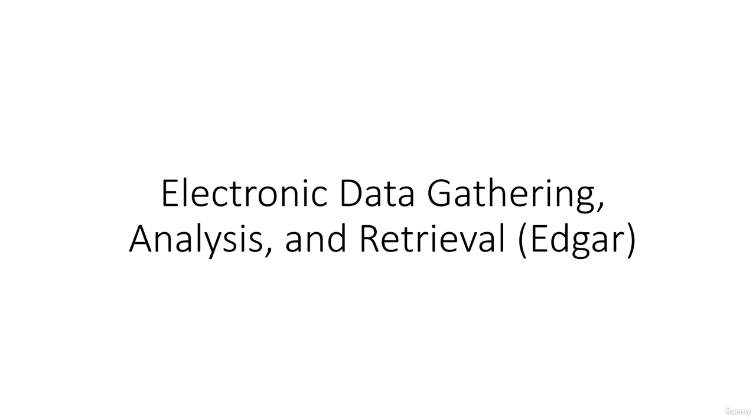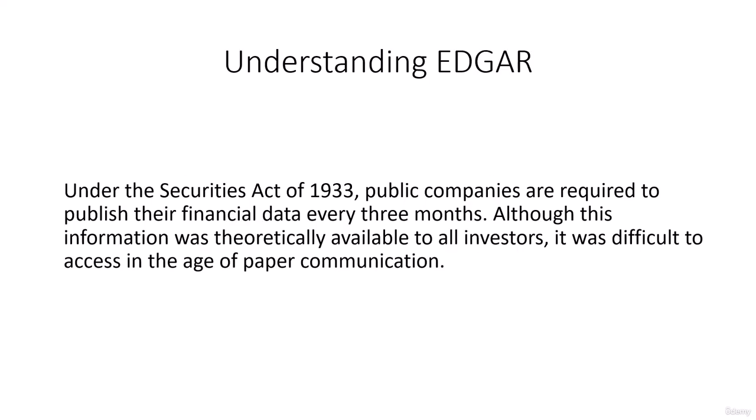Understanding EDGAR. Under the Securities Act of 1933, public companies are required to publish their financial data every 3 months. Although this information was theoretically available to all investors, it was difficult to access in the age of paper communication.